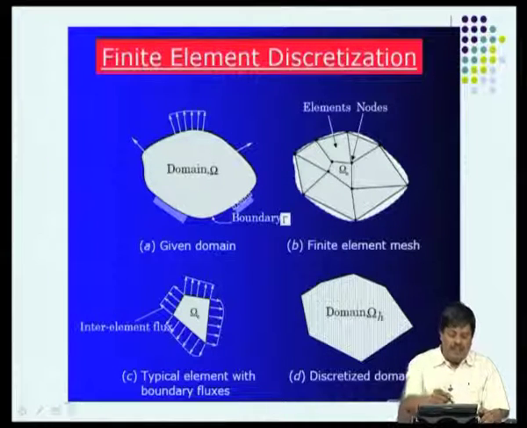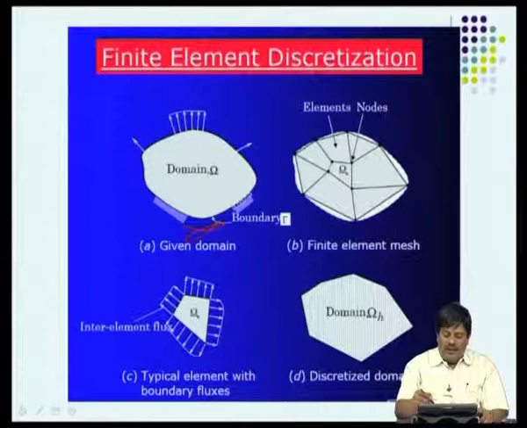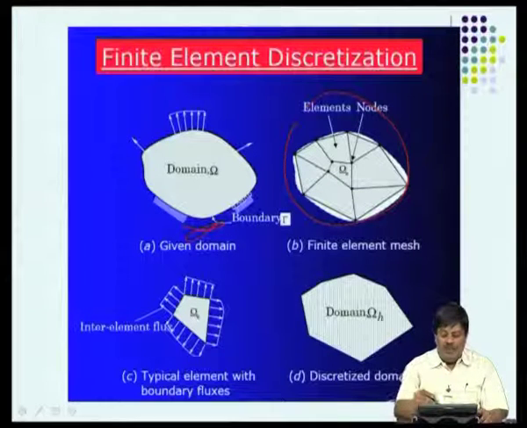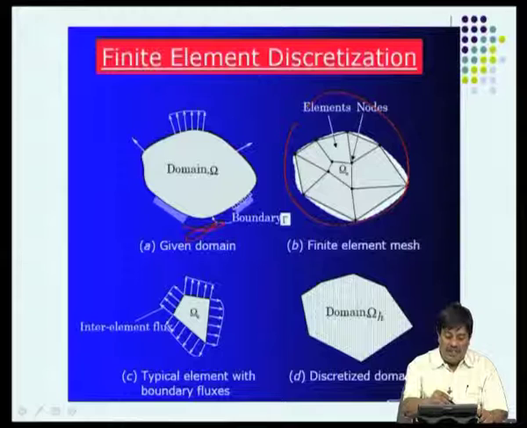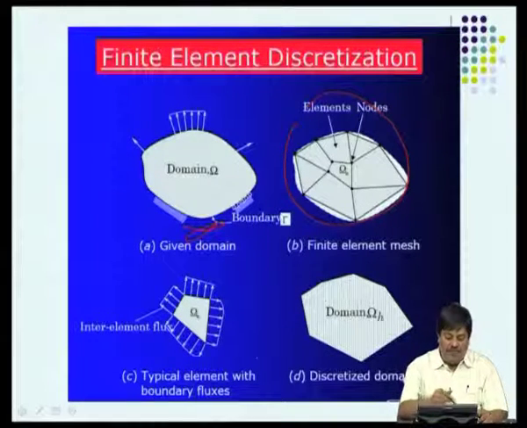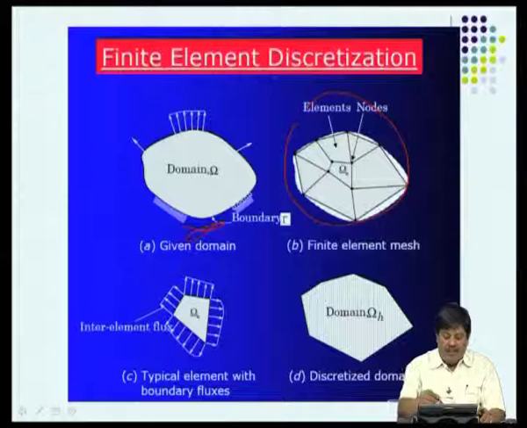So, we take this domain, an approximate domain in FEM. This is the given domain. We mesh it into a number of elements, and if we isolate a typical element, we have the boundary fluxes, the loads because of the external tractions that are applied onto the boundary, that will be part of it. We solve for each of these, synthesize the whole thing and get the solution at these nodes.